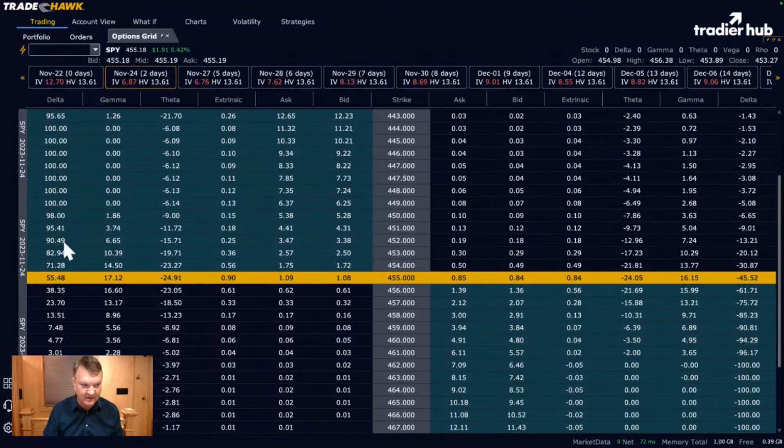At 52, we have a delta of 90. It only takes 3 points for your delta to get to almost a one-to-one movement with the underlying stock. So that's great if you bought that option contract and it became 3 points in the money. But man, does that hurt if you're short that option contract.